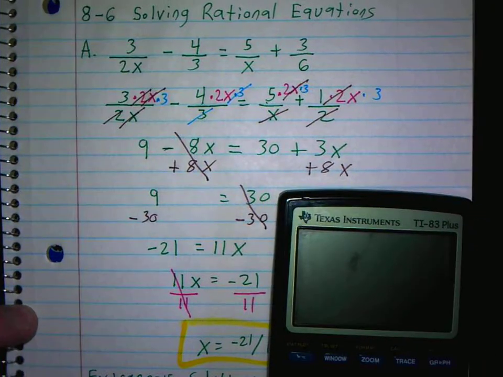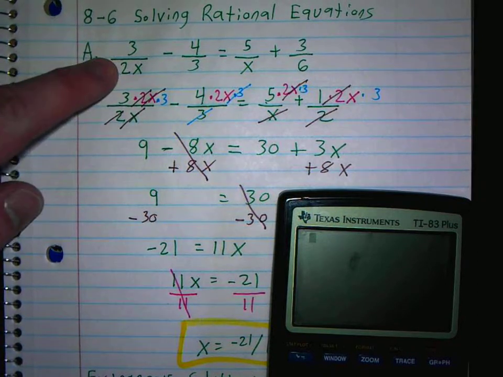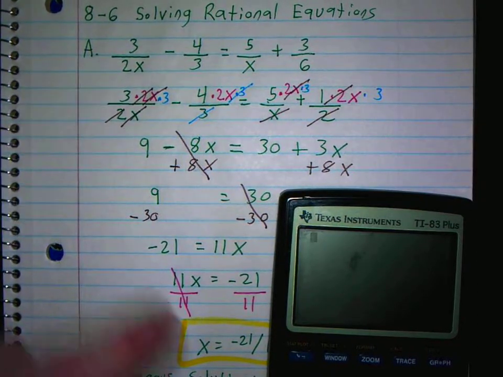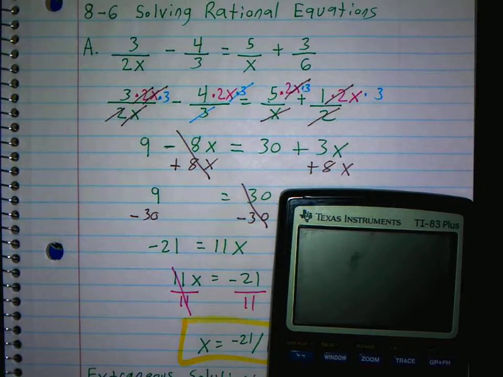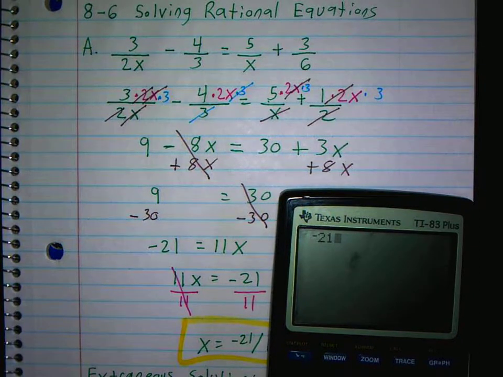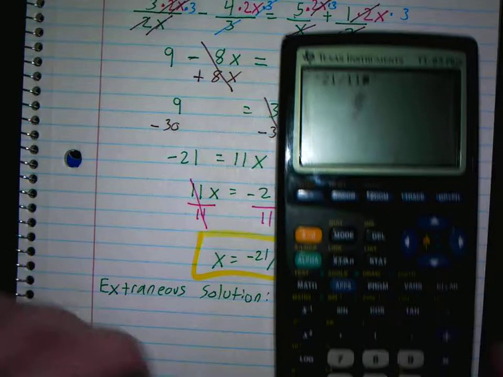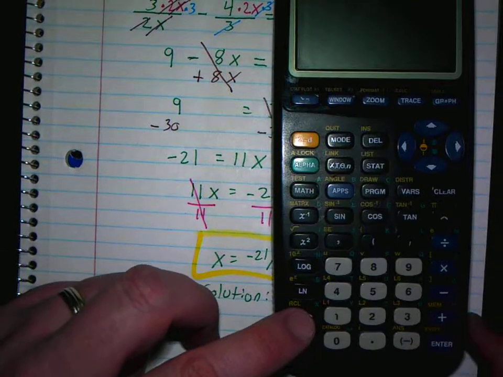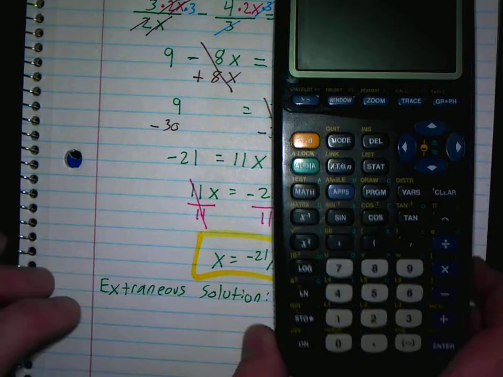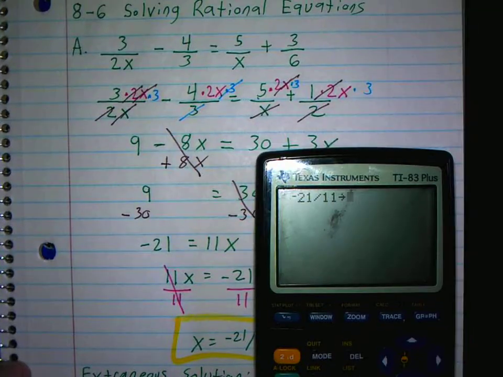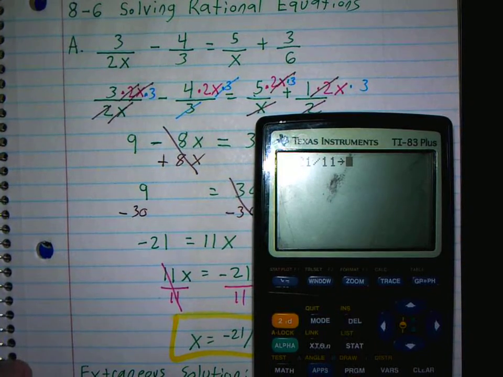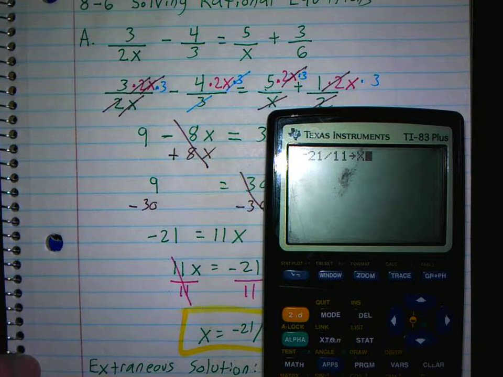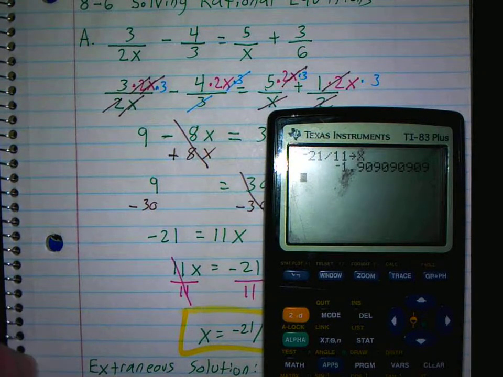So I would say the easiest way would be to take this value and store it to x. So you'd go -21 divided by 11, and you're going to store, and there's a store button right here, store, and it makes an arrow. You're going to store that to x. Okay? Now x is -21 over 11 when you hit enter, okay?